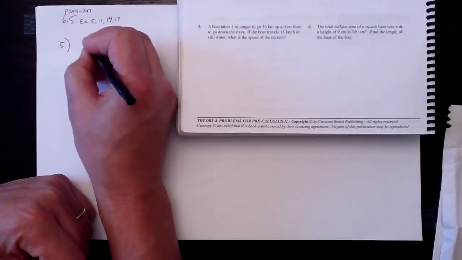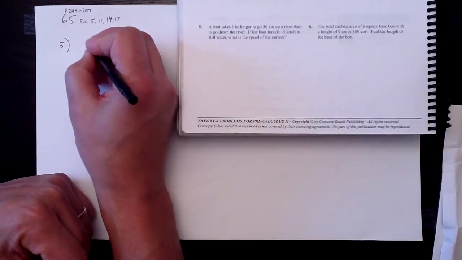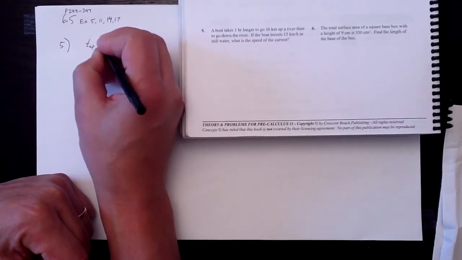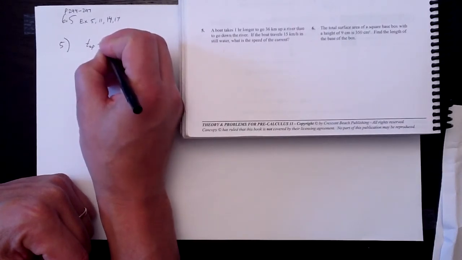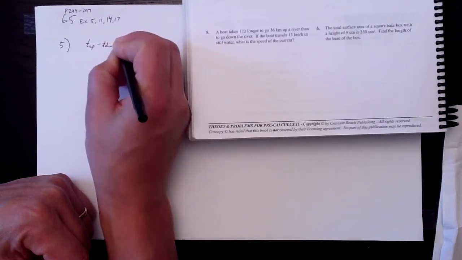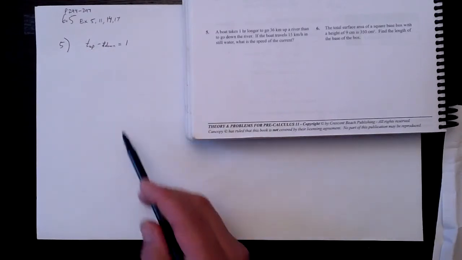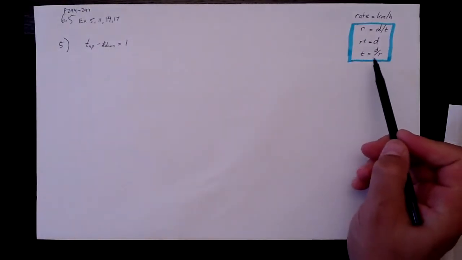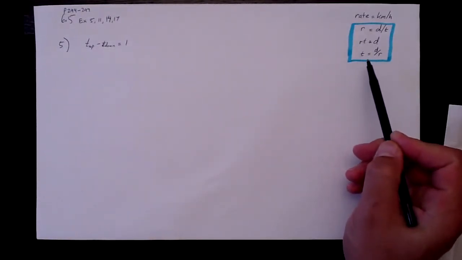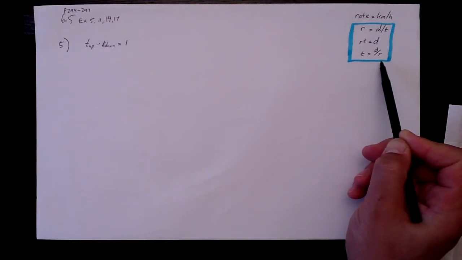So we can say that the time up the river minus the time down the river equals 1 hour. That's the difference. Remember that the time down the river is a shorter period of time than the time up the river. Given that, which equation talks about time? This one does: time equals distance over rate.